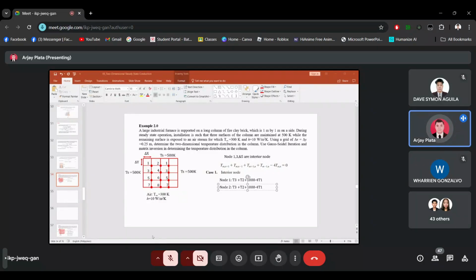Let's proceed with node 2. So we have the neighboring nodes 2T1 plus T4 plus 500, which is above node 2, minus 4T2 equals 0. It is also equivalent to 0.